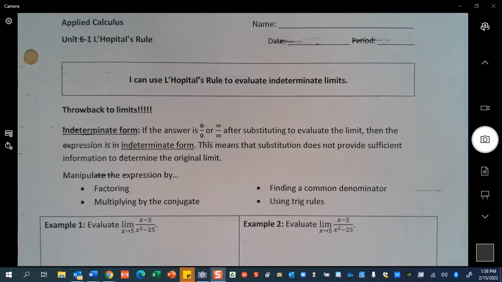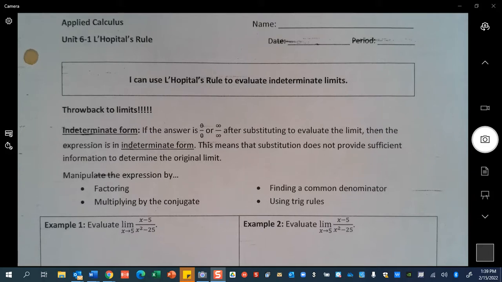We're looking at where that function is going. We wanted to check and make sure, is the limit from the left and the right the same? If it is, then we can plug that value in and determine where that function is going. And of course, that's what happens most often. You can plug that value in, and you have that.